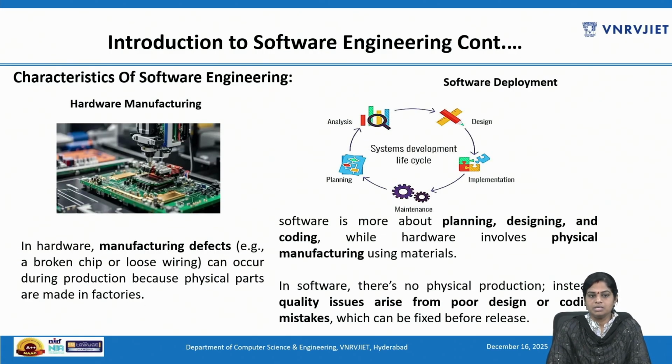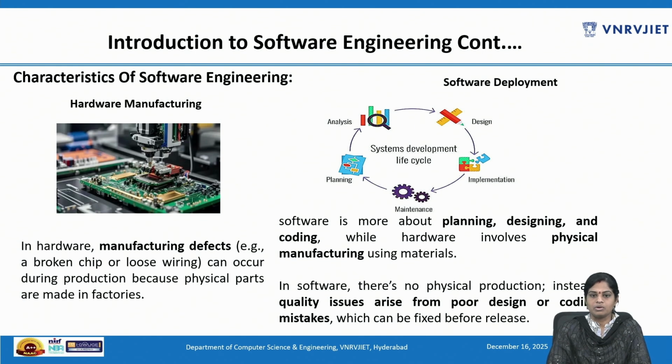The slide provides a snapshot of hardware manufacturing and software development. In hardware, manufacturing defects like a broken chip or a loose wire can occur during production due to manual error or some other error, because these physical parts are made in factories and the integration also takes place.